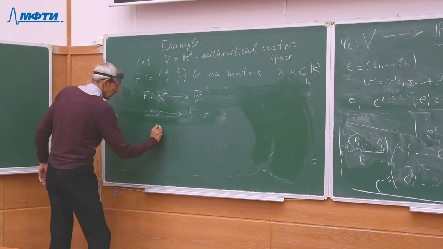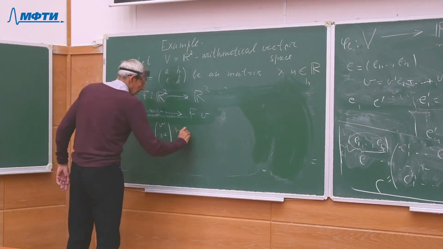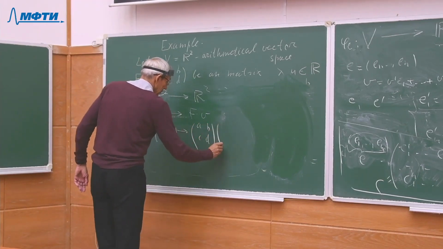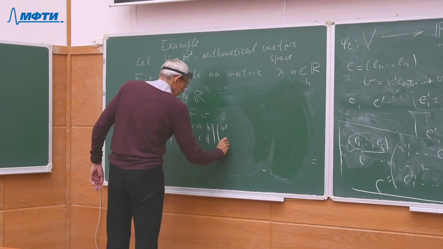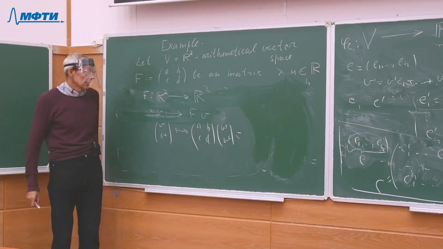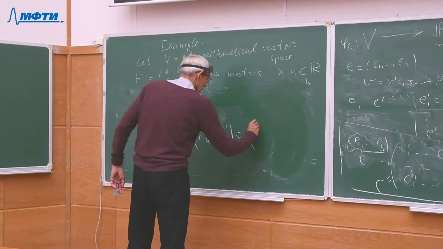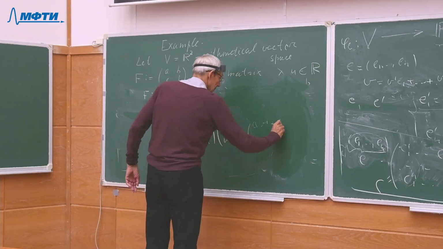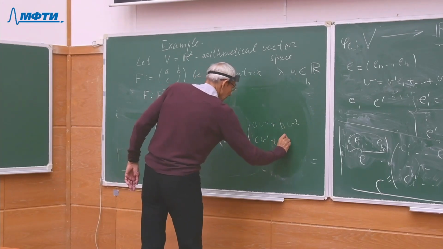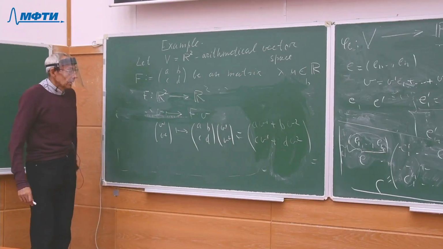If v is (v1, v2), this corresponds to the matrix product of the matrix F on this vector v, and as a result I obtain the following vector.